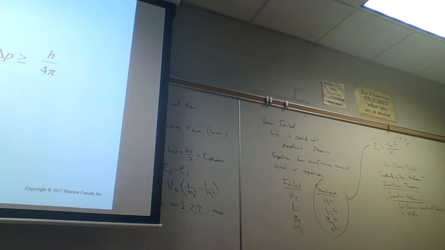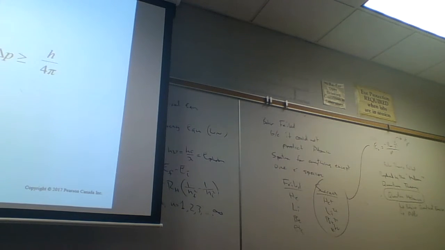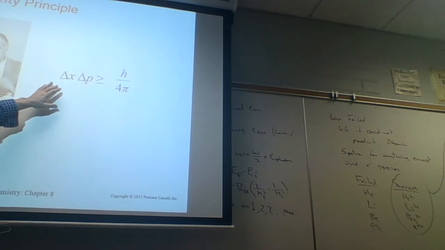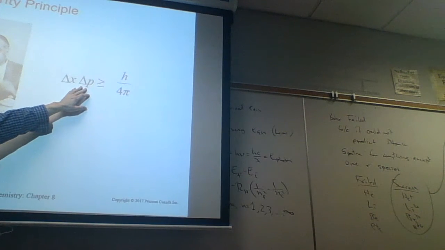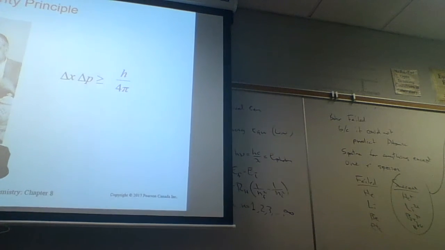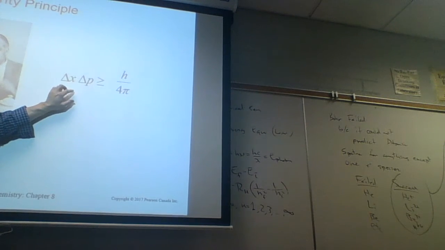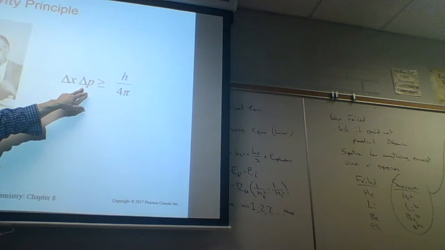The Heisenberg uncertainty principle says this: there's a fundamental limit to the determination of the position of the electron and the energy of the electron, energy being in terms of momentum here, in knowing those two values. And so what that means is you cannot pinpoint the position and the energy simultaneously.